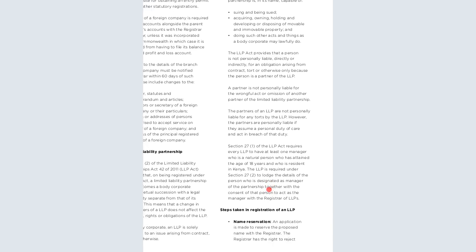So the Limited Liability Partnership Act provides that a person is not personally liable, directly or indirectly, for an obligation arising from the contract, tort, or otherwise, only because the person is a partner of that limited liability partnership. So a partner is not personally liable for the wrongful act or omission of another partner.